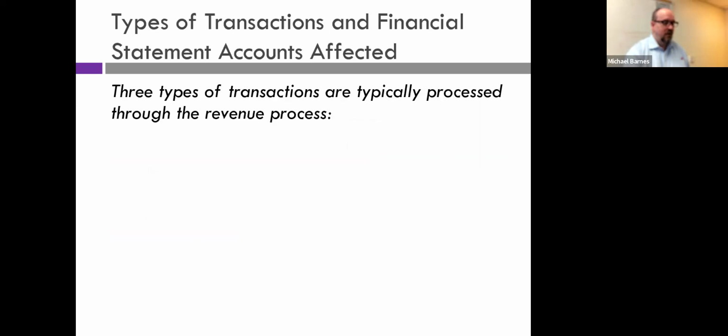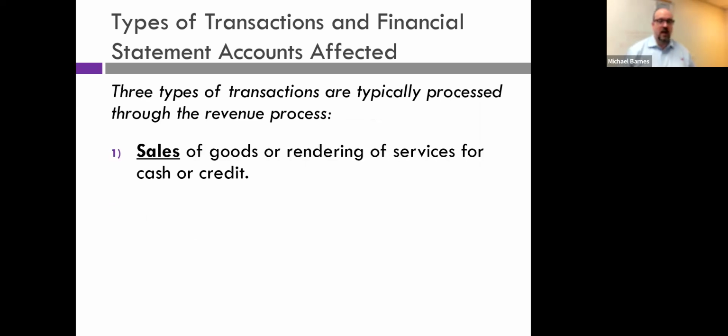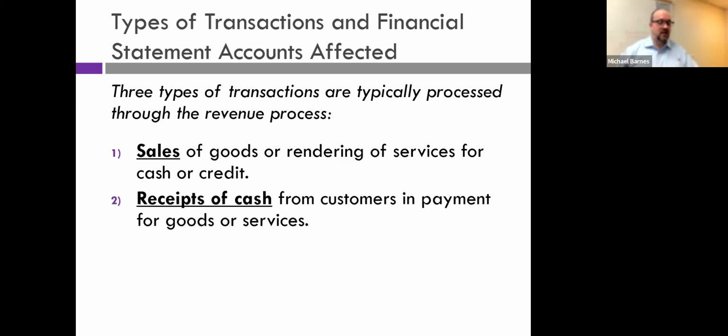This one should be pretty straightforward, though. There are three types of transactions typically processed through the revenue process. We've talked about sales. Sales are the rendering of goods or services for cash or credit. This is our first important pinpoint transaction type within the revenue process. This also includes those sales discounts that we talked about before. So if a sales discount does exist, this is where it would get recorded. Then we have the collection of cash, the receipts of cash from customers as payments for goods or services.